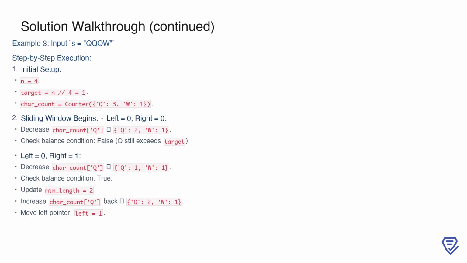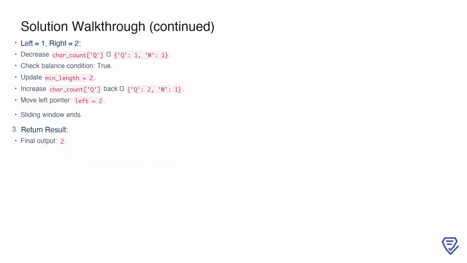Next, we expand the window by moving the right pointer to position 1 and decreasing the count of q again. Now the counts are q1, w1, satisfying the balance condition. The window length is 2, so we update the minimum replacement length to 2. After restoring the count of q, the left pointer advances to position 1.